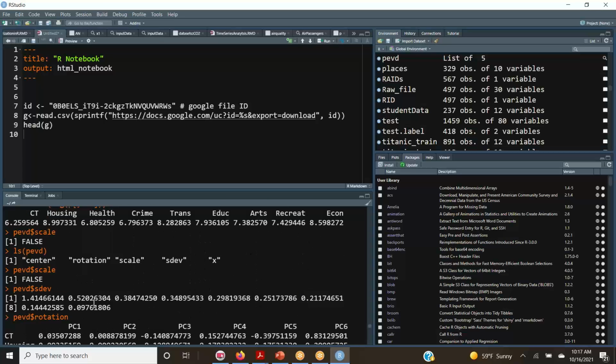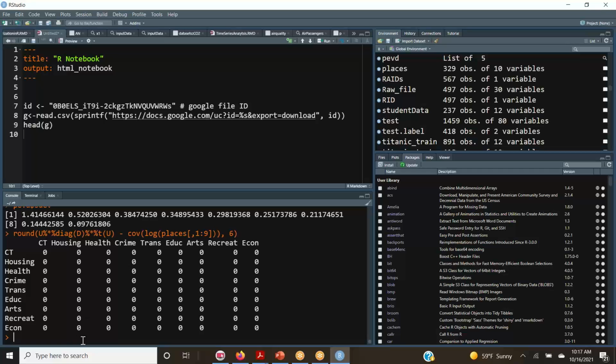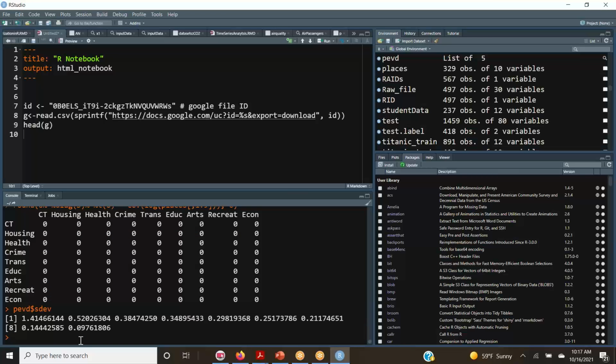Let me redo it maybe. PEVD dollar sdev, the standard deviation, refers to this one, and I'm telling you this is the same as the eigenvalues. I can just do this.